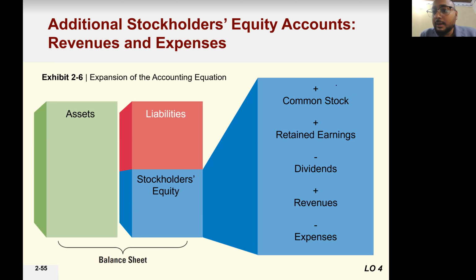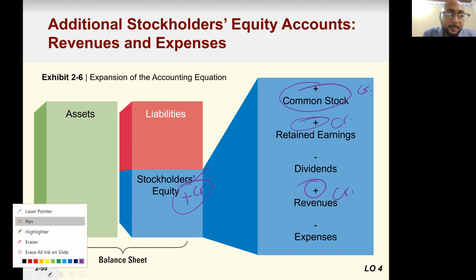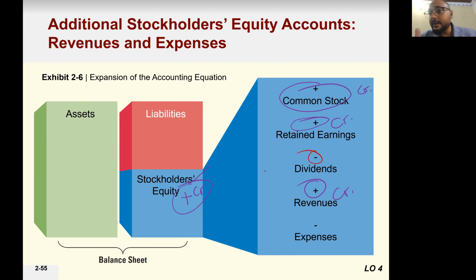So you notice something? Common stock increases mean it increases the stockholder equity. When stockholder equity increases, we record it on the credit side. Retained earnings increase, so it is recorded on the credit side. Revenue increases, it increases the stockholder equity, we record it on the credit side. But a dividend increase means a decrease in stockholder equity or owner's equity.